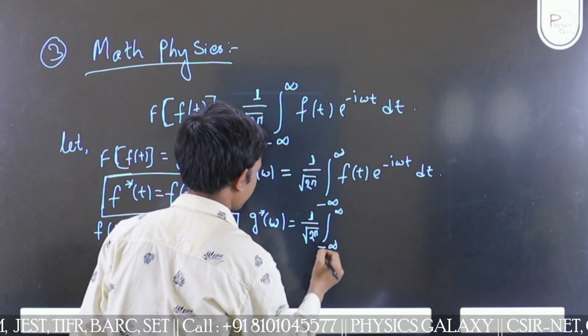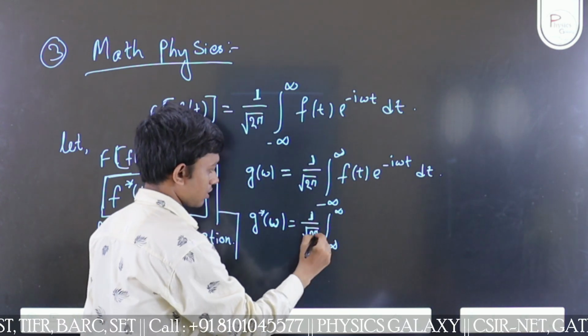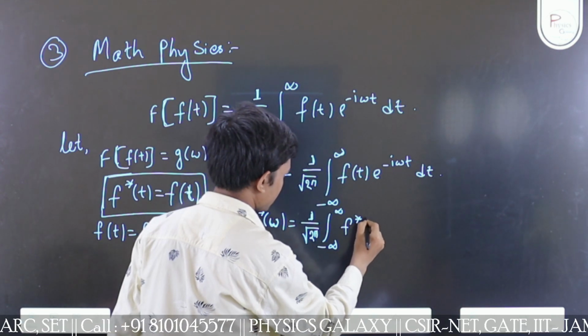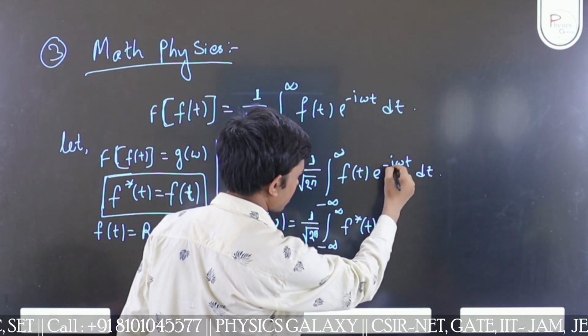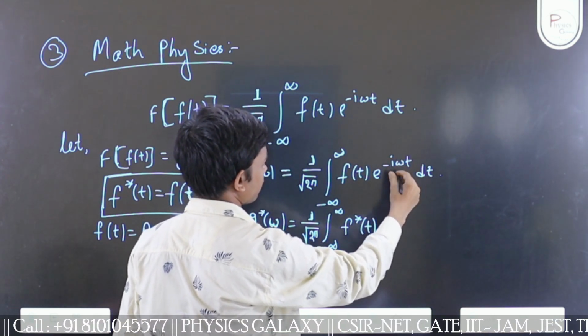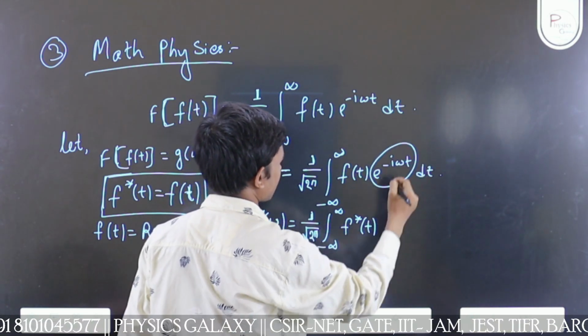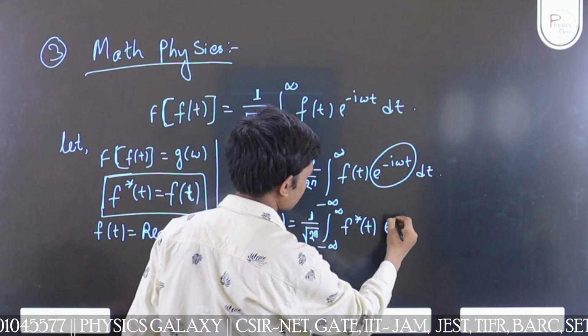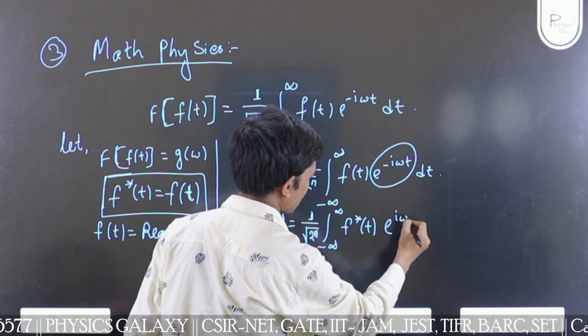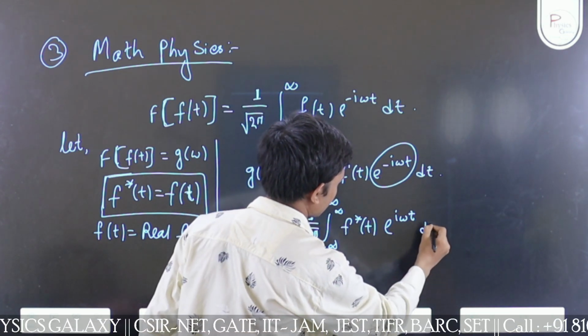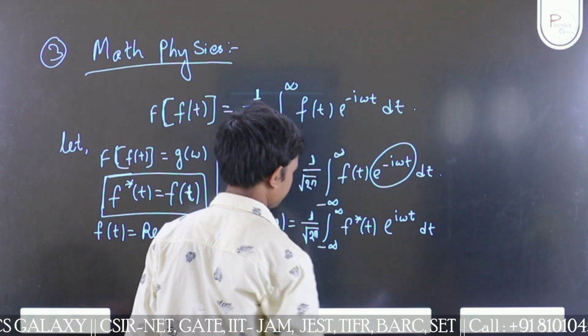It is the constant term, so it will not change. And f star t, if we take the complex conjugate of this term, then it will be e to the power iota omega t dt.